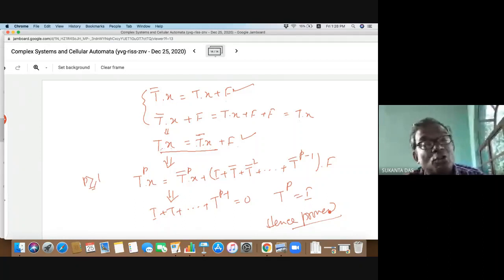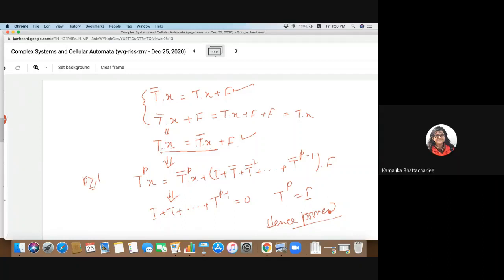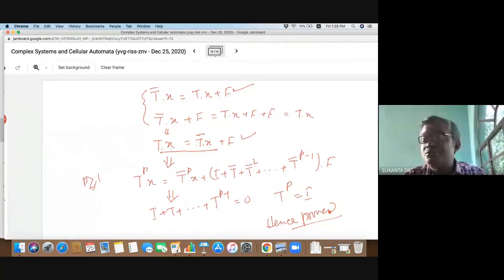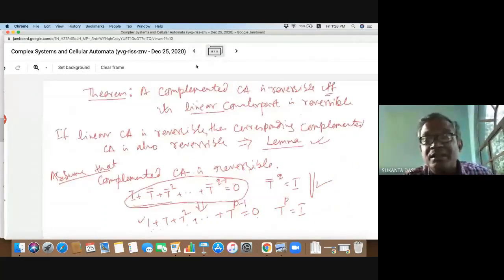We have mentioned the order here, no? Here you are saying T bar to the power p equals I, but T to the power q equals I. That means the order is p here. Sorry, thank you for pointing this out. Yes, here I have written p and q.